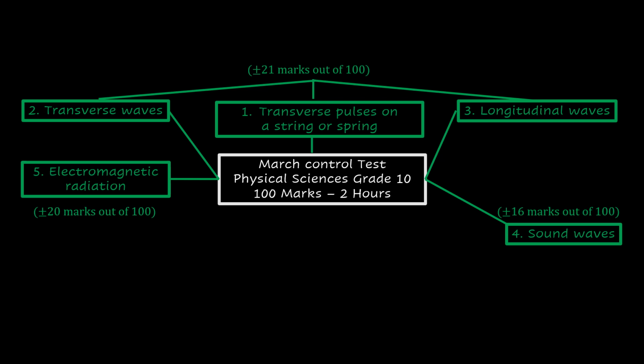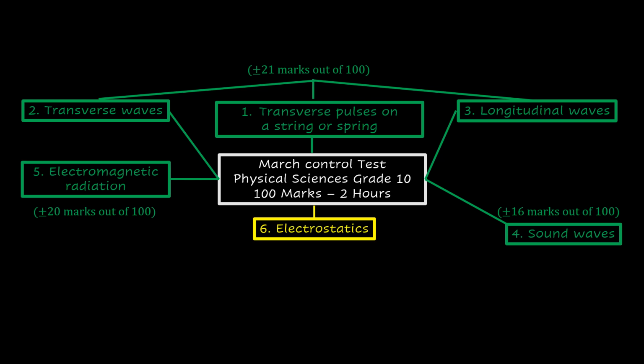So they carry about 60% of that paper that you'll be writing. More or less around 60%. And all of these topics, remember, they fall under this one big topic, which is sound, waves, and light. So that's where most of your attention should be focused.